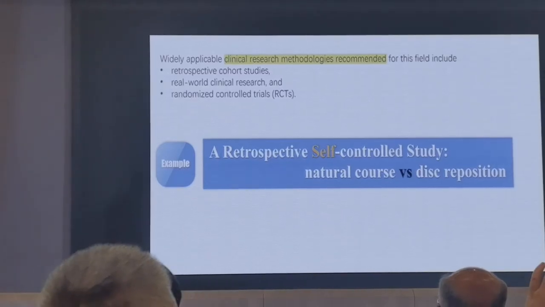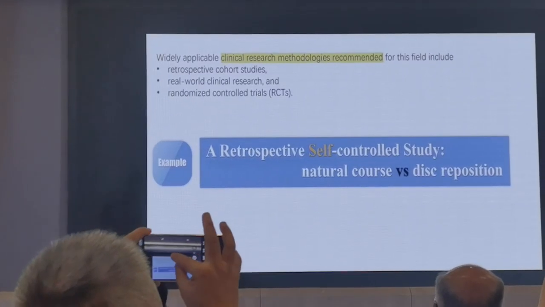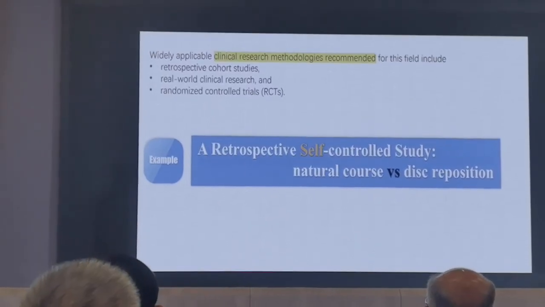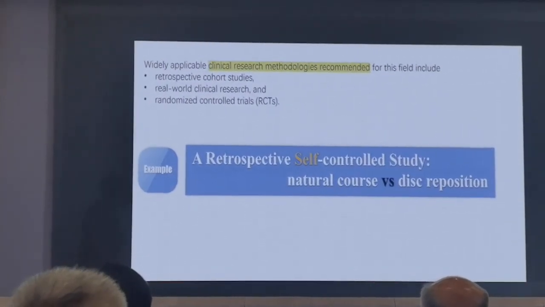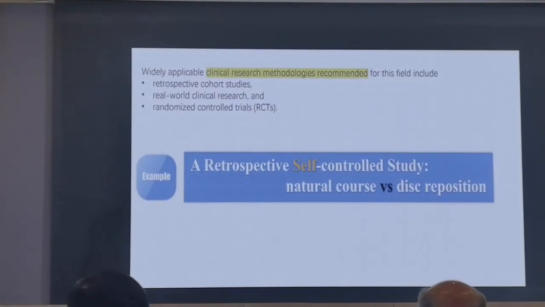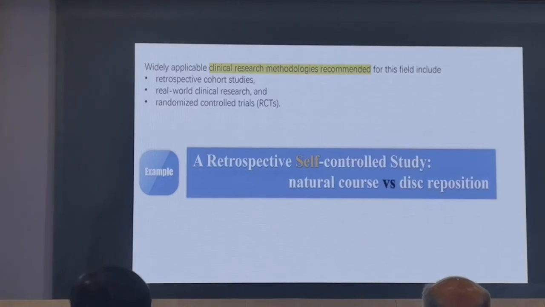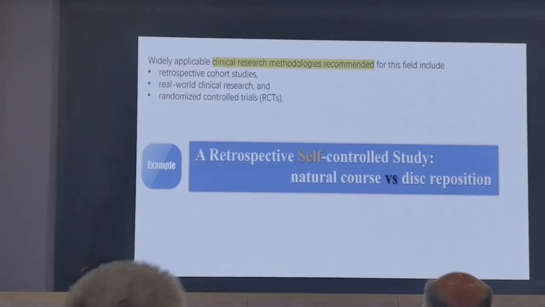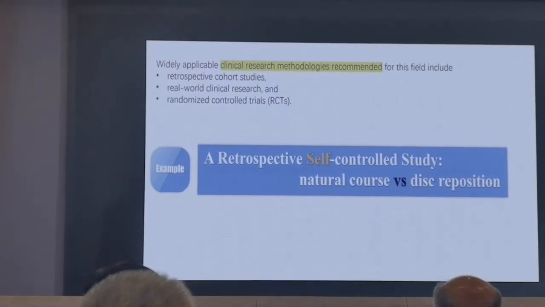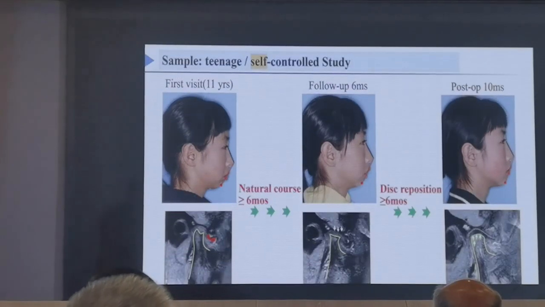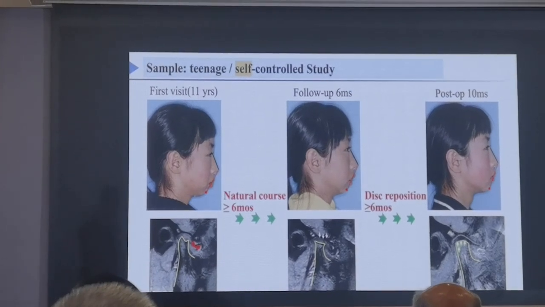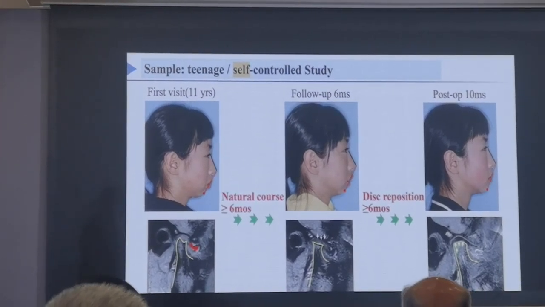About the clinical research methodologies, as far as the retrospective study, we do clinical research and RCT. For example, we do some retrospective case-control study, natural course versus industrial conditioning, and the teenager as well, which is the teenager who only do self-control study.